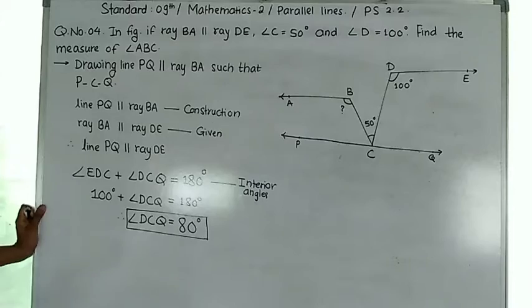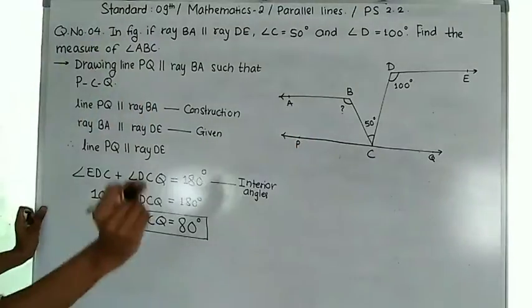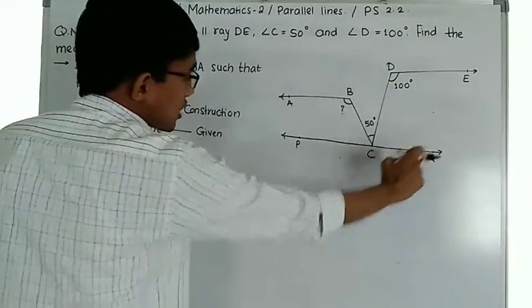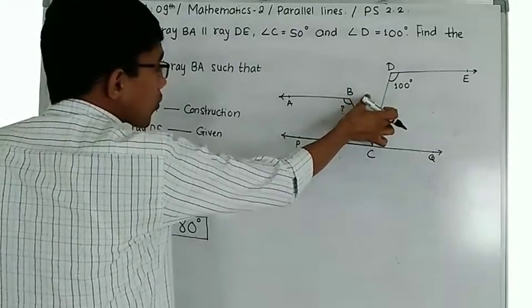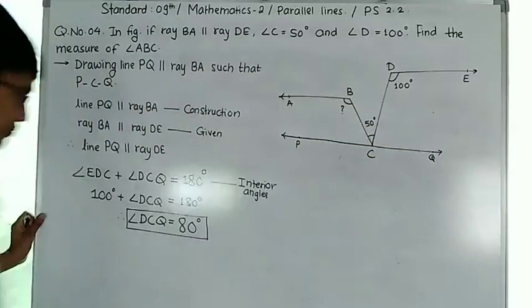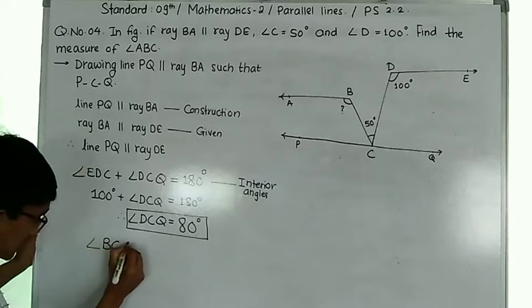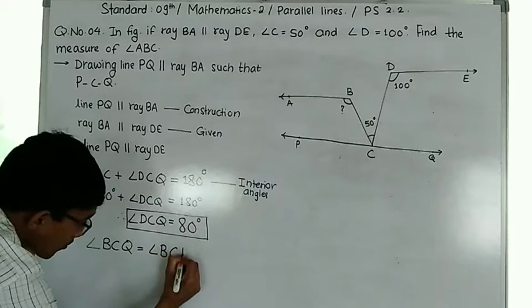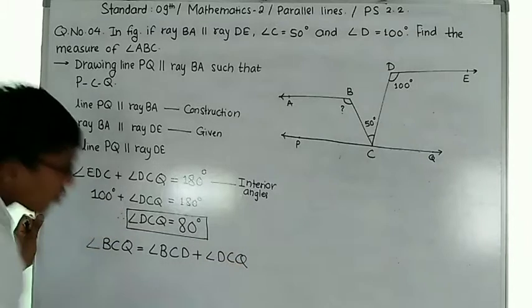Now what is angle BCQ? It is the sum of angle BCD and angle DCQ. These two angles make angle BCQ. So we can write angle BCQ is equal to angle BCD plus angle DCQ.